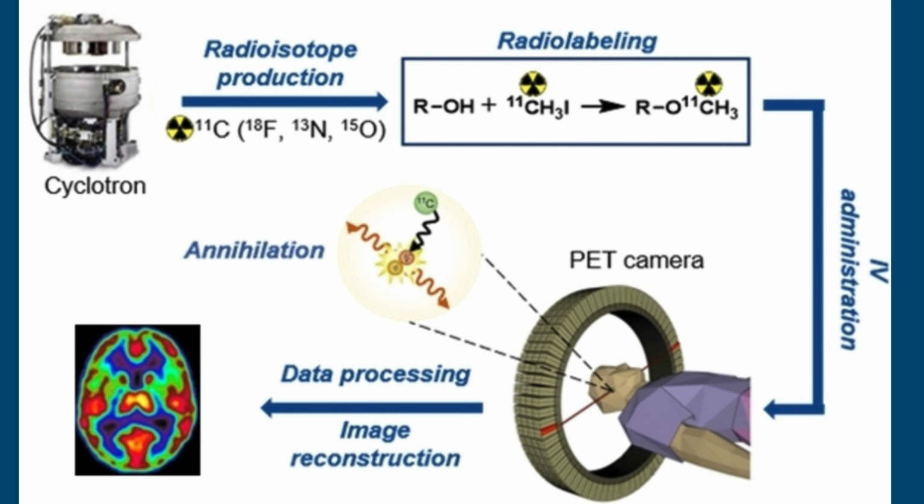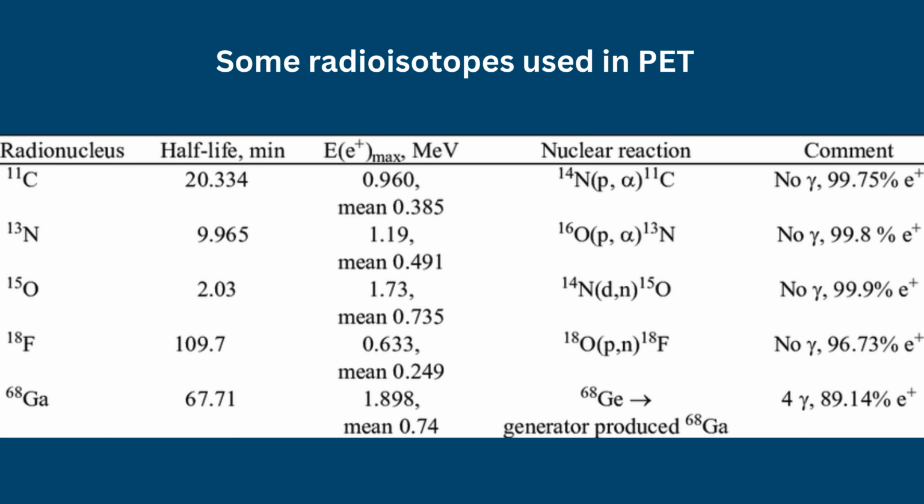PET imaging relies on radionuclides that decay via positron emission, each characterized by a specific half-life that dictates its suitability for particular applications. Fluorine-18, with a half-life of approximately 109.7 minutes, is among the most widely used isotopes due to its optimal balance between decay time and synthetic feasibility.